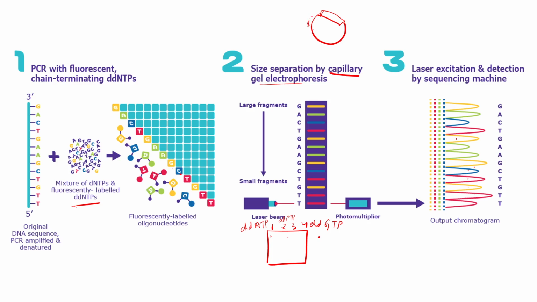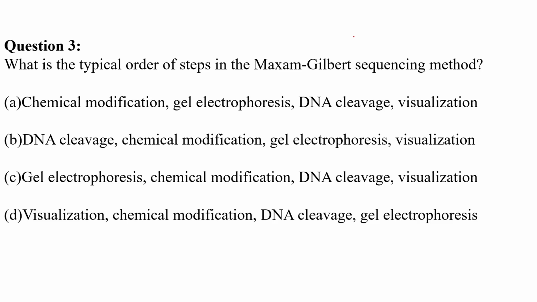The primer will anneal and keep on incorporating bases, and wherever DD-NTPs of a particular color are incorporated, it will give a chromatogram. I can actually see the sequence from this part all the way to wherever the reverse primer binds. So reverse primer, let's say, has bound here. So all the way from here to here, I can see the sequence of my DNA of interest. Okay, so this is all about Sanger sequencing.